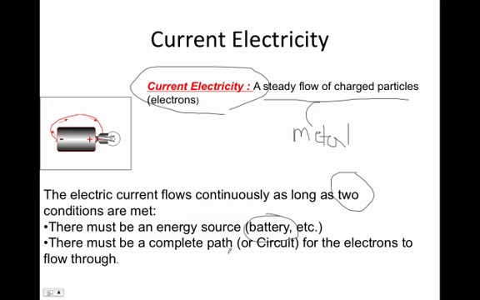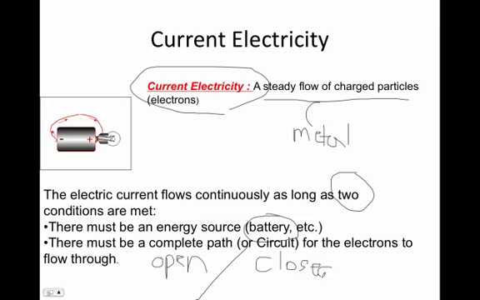And then there must be a complete path for the electrons to flow. It can't be open where there's a gap in the flow of electrons. If it is a complete path, we call that a closed circuit.